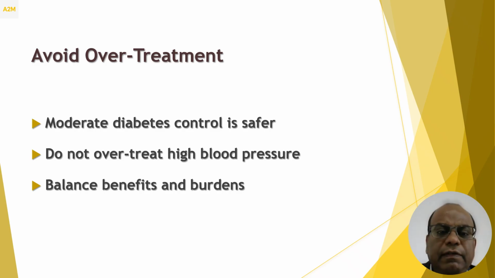The key is to match treatment with the patient's goals, health status, and expected benefit. When we avoid overtreatment, we prevent harm and give care that truly helps. This approach respects the dignity, comfort, and wishes of the older adult.